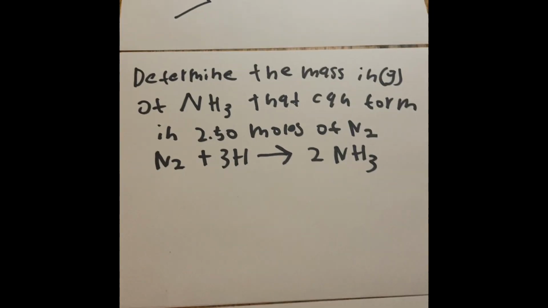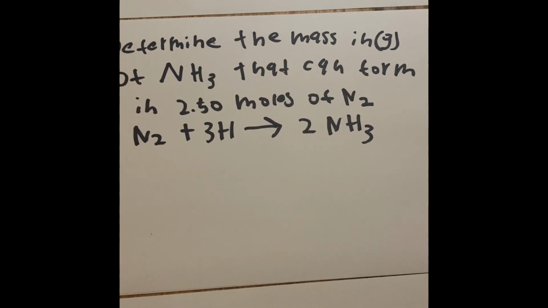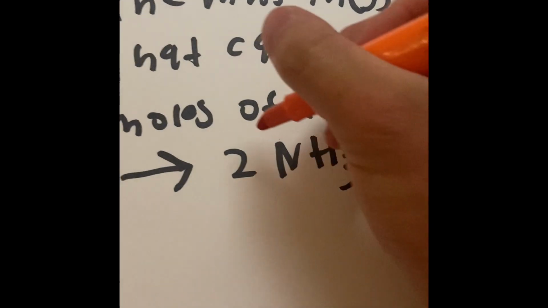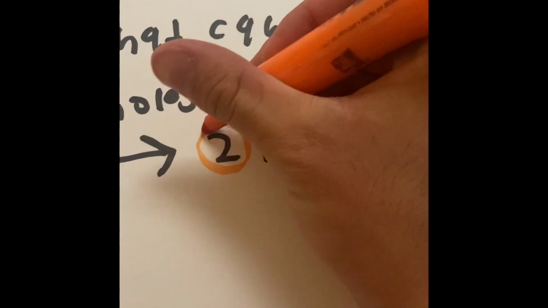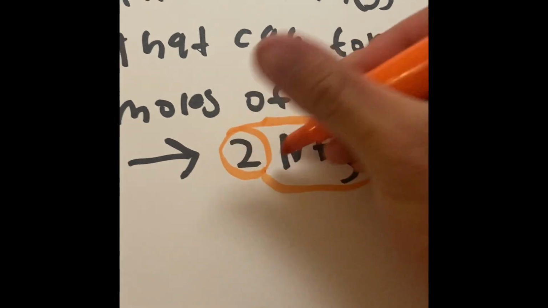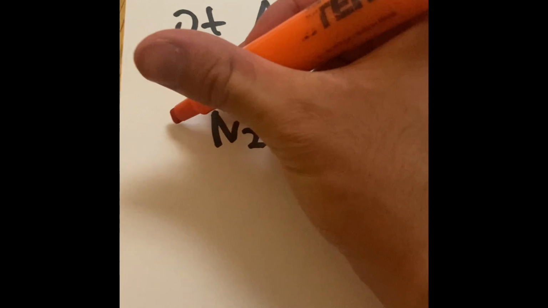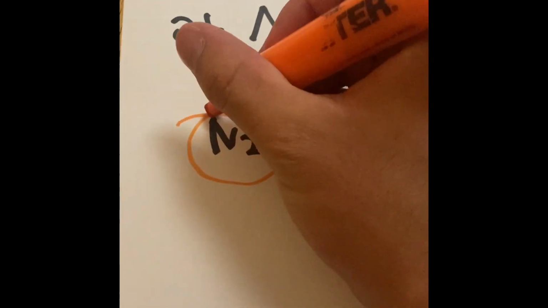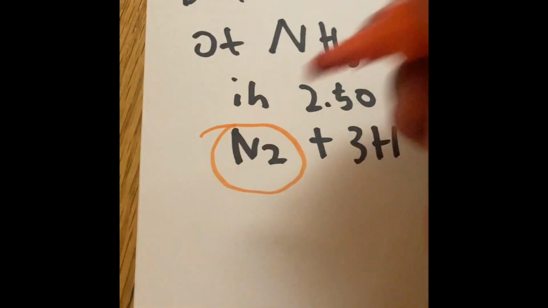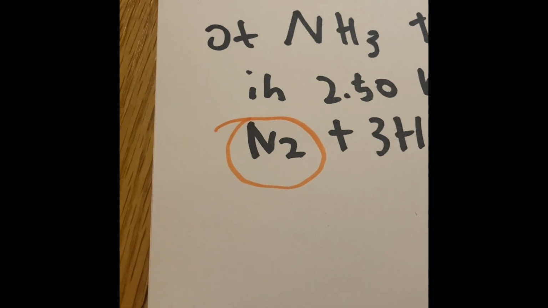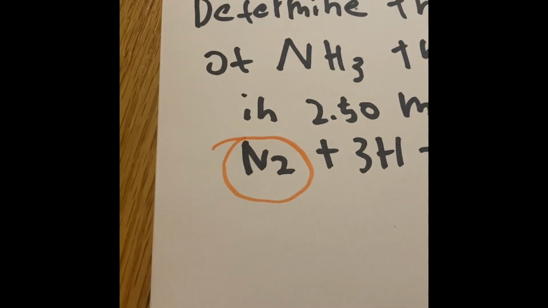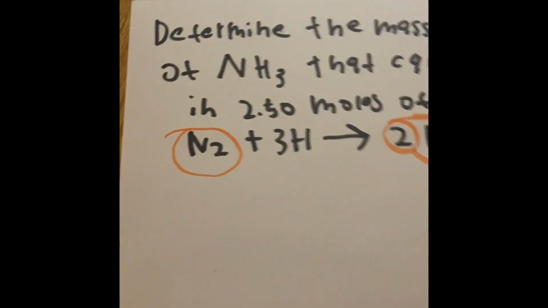If you take a look here, the full compound of ammonium has a coefficient of 2. And for nitrogen, we are going to have a coefficient of an invisible 1. If it's 1, you don't need to write it because it's literally counted as 1 for itself.